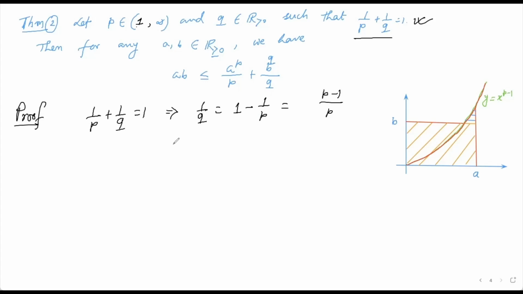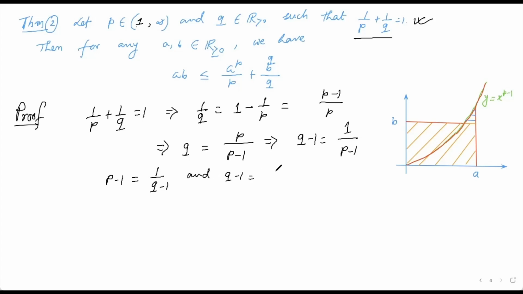So this implies q equals p over (p minus 1), and this implies q minus 1 is equal to the right hand side minus 1, that is (p minus p plus 1) over (p minus 1), that is 1 over (p minus 1). So what we have is p minus 1 equal to 1 over (q minus 1), and q minus 1 equal to 1 over (p minus 1). So this is what we have.